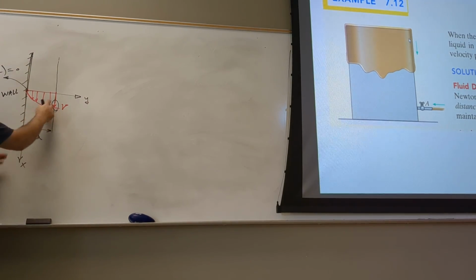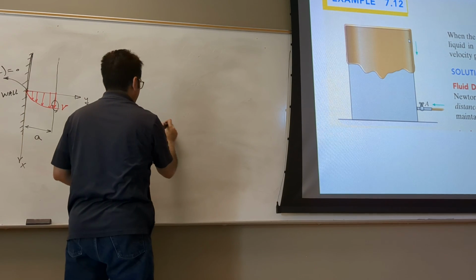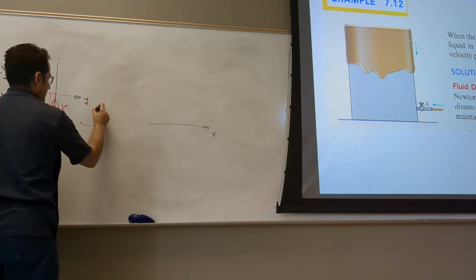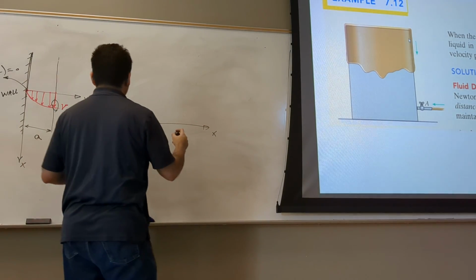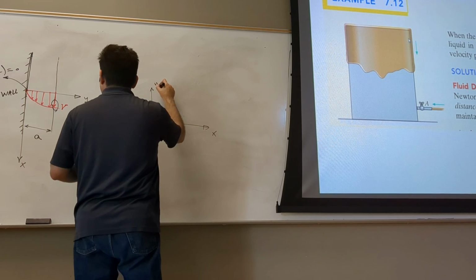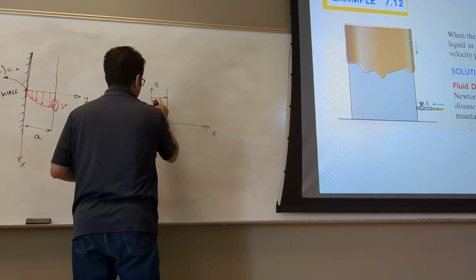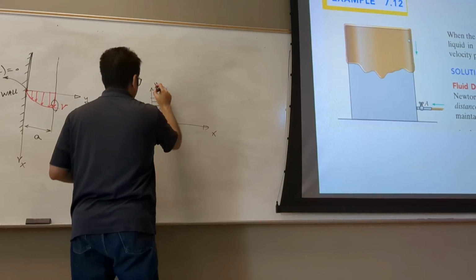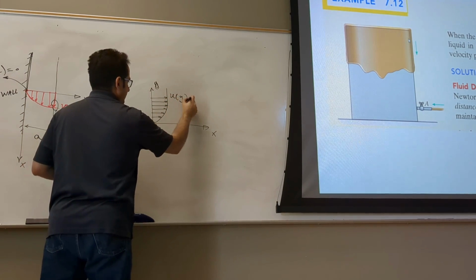Now let me rotate this back into my conventional xy. So this is your x, this is y, and the velocity profile you see is like this, and this is your u of y. Do you see that?